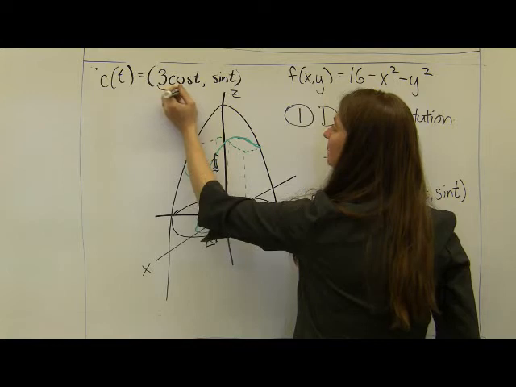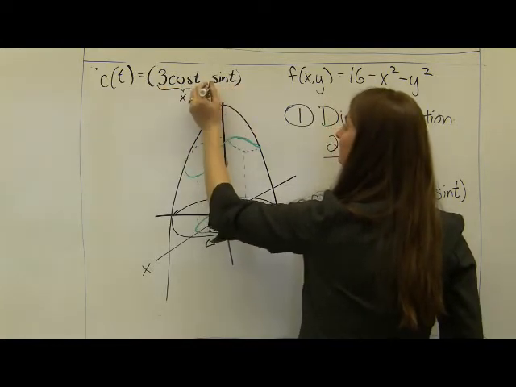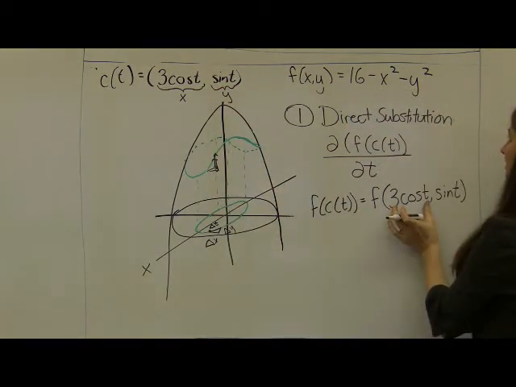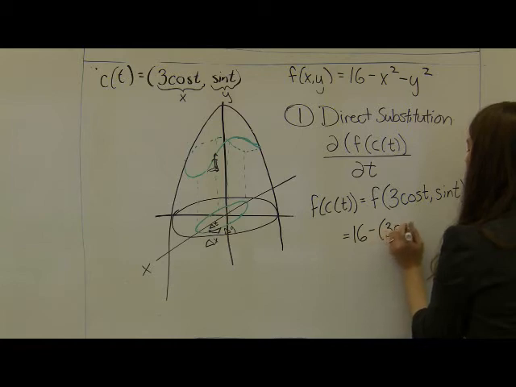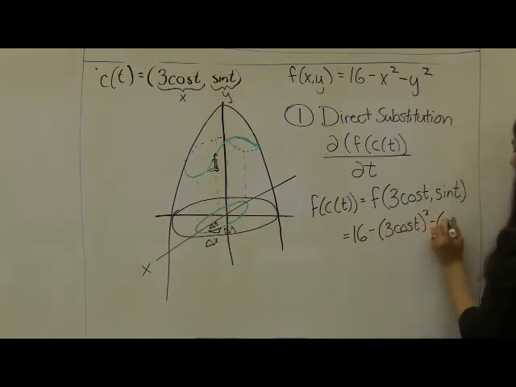This is saying that my 3 cosine t is my x component, and my sine t is my y component. So I'm going to take 3 cosine t and plug it into my x component, and sine t and plug it into my y component, and I end up with 16 minus (3 cosine t) squared minus (sine t) squared.